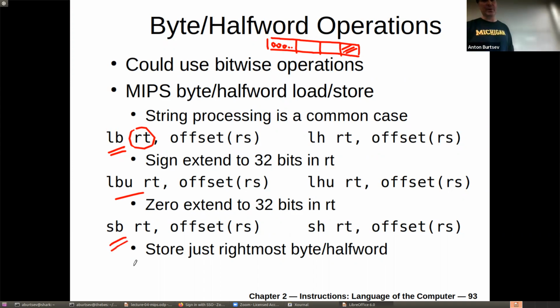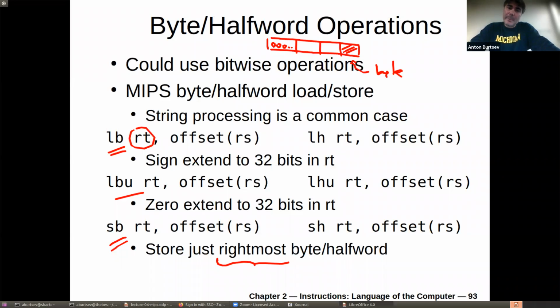which allows you to store a specific byte, just 1 byte, right? So this one stores just the rightmost byte. So these are MIPS operations for strings. This is implemented by the machine and supported by the MIPS assembler, specifically to simplify operations on strings.